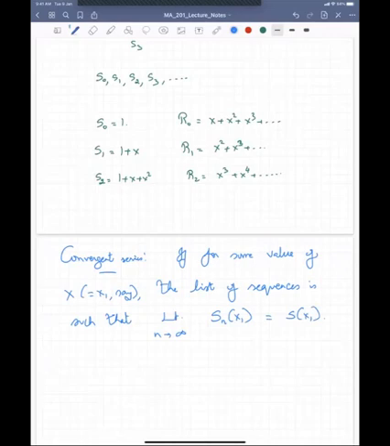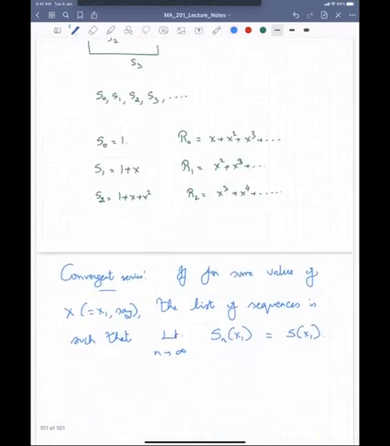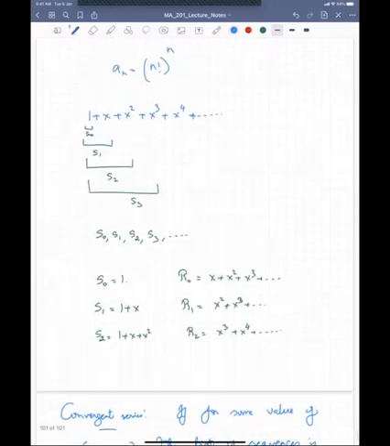So what does this mean? So if for some value of x, in this case, again, I chose the example as 0.5, S0 is just 1, S1 is 1.5, S2 is 1.75, and S3 is, I don't know, something slightly more than 1.75, and so on and so forth, right?